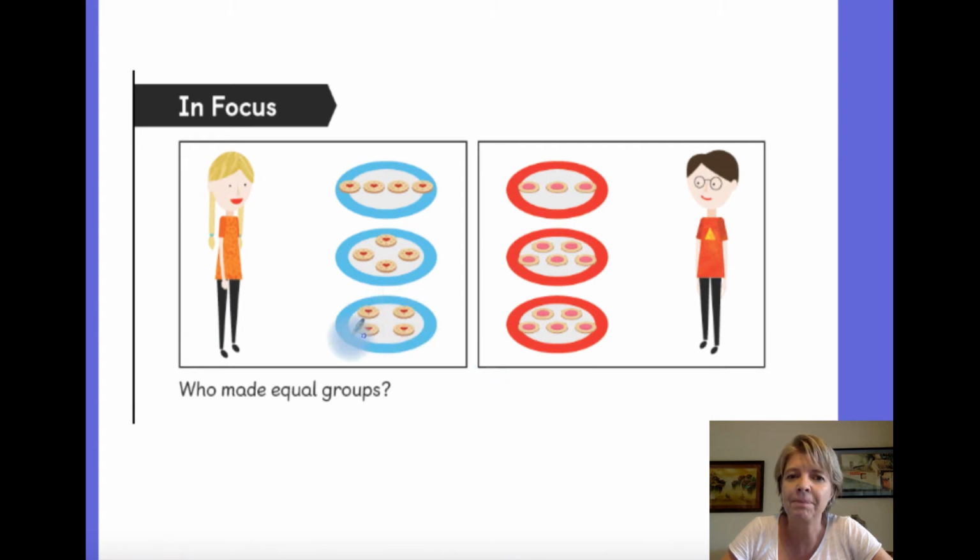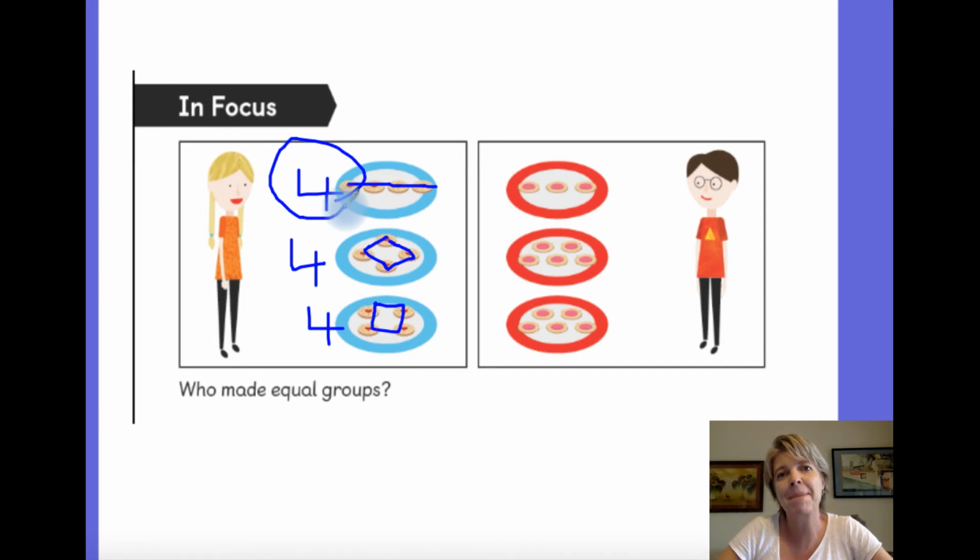How many cookies here? 4. How many cookies here? 4. How many cookies here? 4. So her groups are all equal. They don't look the same. Look, here is a diamond, here is a square, and here is a line, but they all have the same number, and that means they are equal.